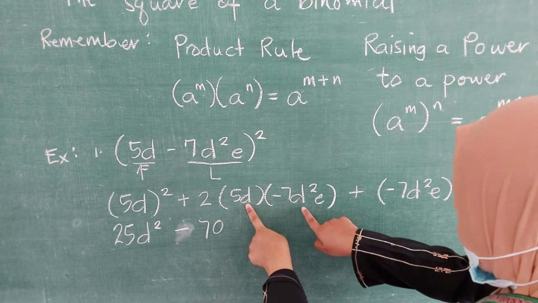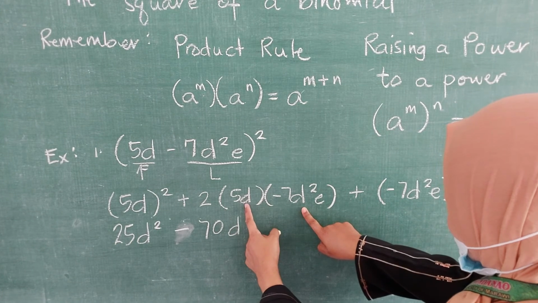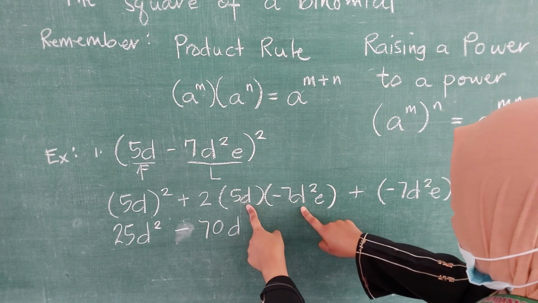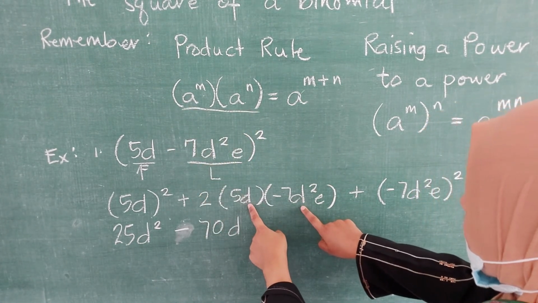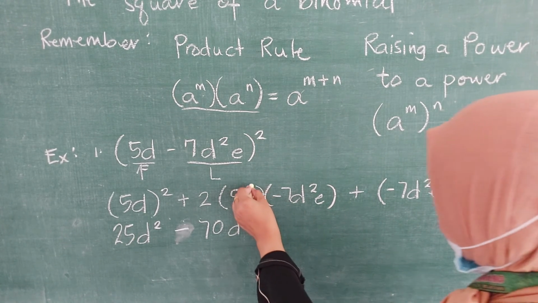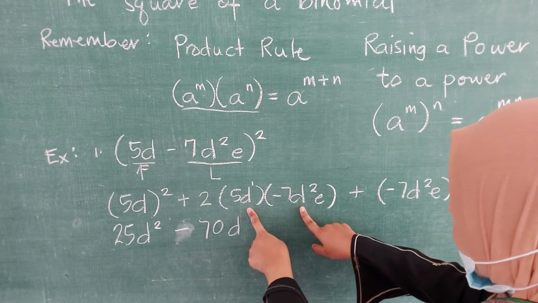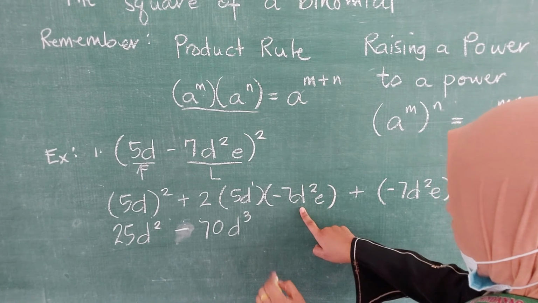D times d squared, d. Ang d times d squared ay nandito sa product rule. For example, ganito. Kung pareho sila ng base, just add the exponent. Pag wala kayong makita na exponent, understood yan na may 1. So, d times d squared magiging 1 plus 2 is equals to 3. d cubed.